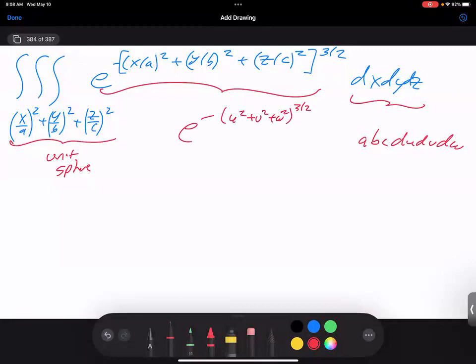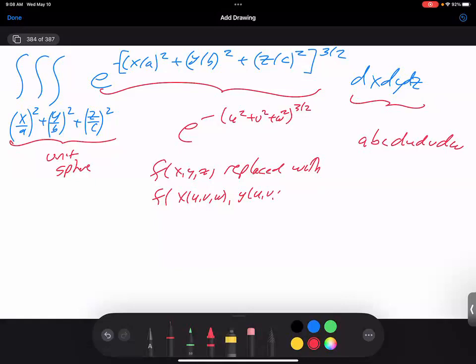I replace f of x, y, z with f of x of u, v, w, y of u, v, w, z of u, v, w.